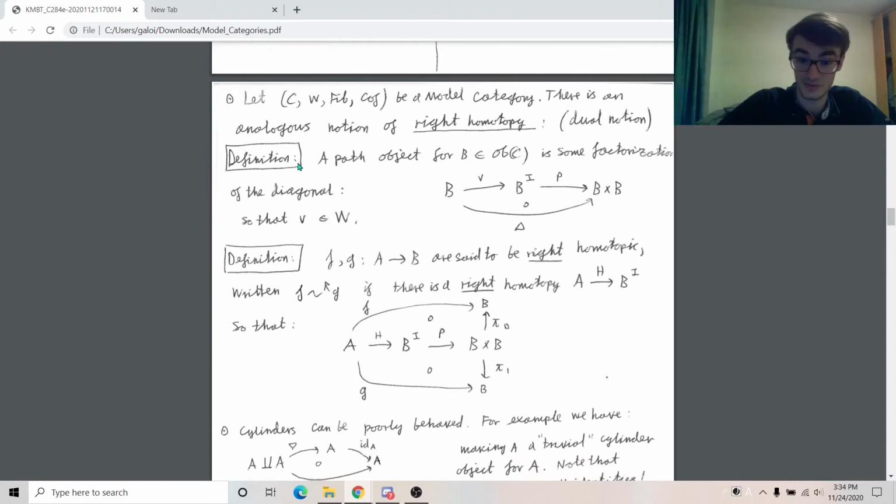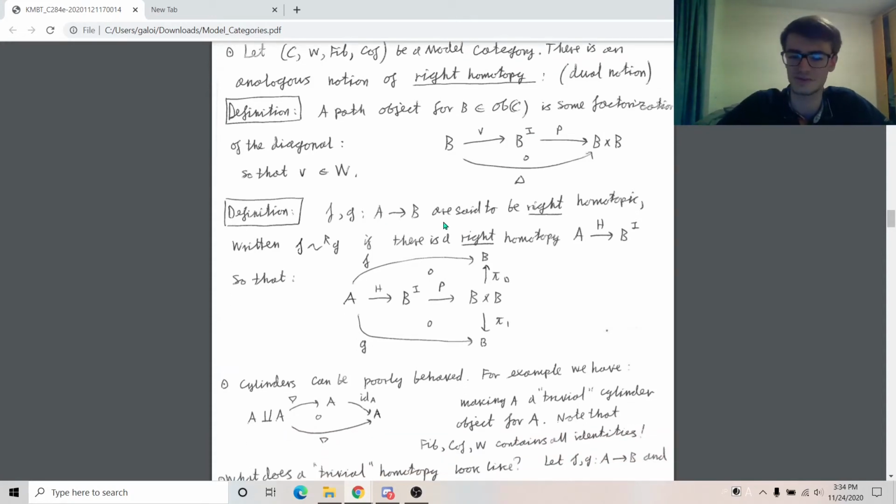So you can define a path object, which is dual to a cylinder object, as the factorization of the diagonal map. And you want this map V from B to the path object to be a weak equivalence. And two maps f and g from A to B are right homotopic, written ~R, if there is a right homotopy H from A to the path object of B, making this diagram commute. So it's completely dual, the notion.